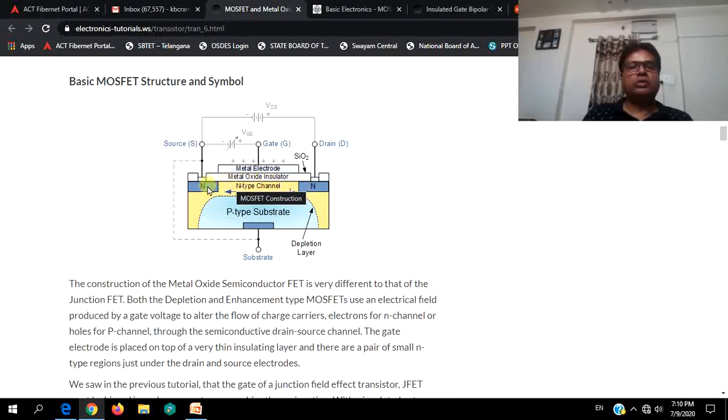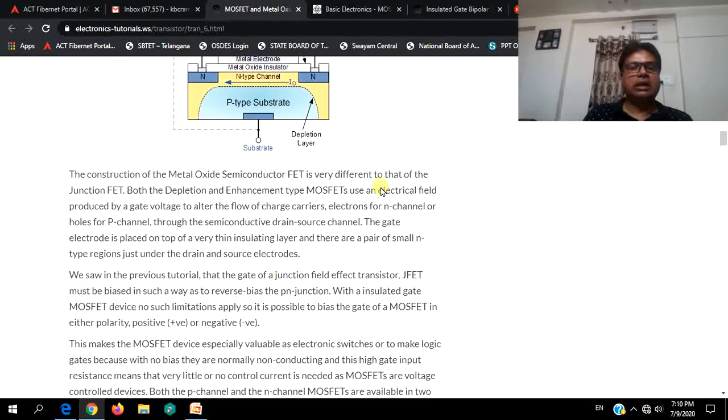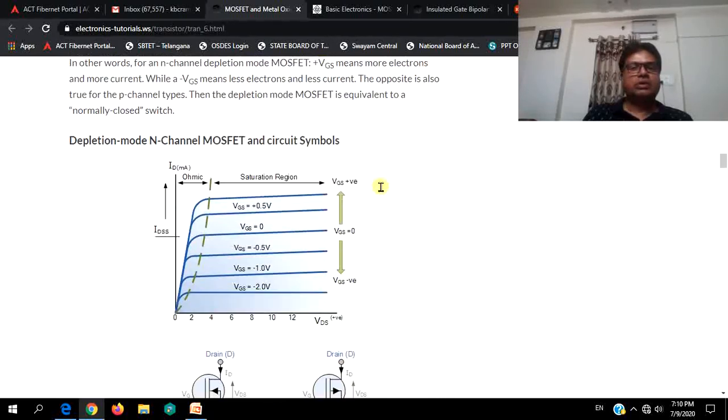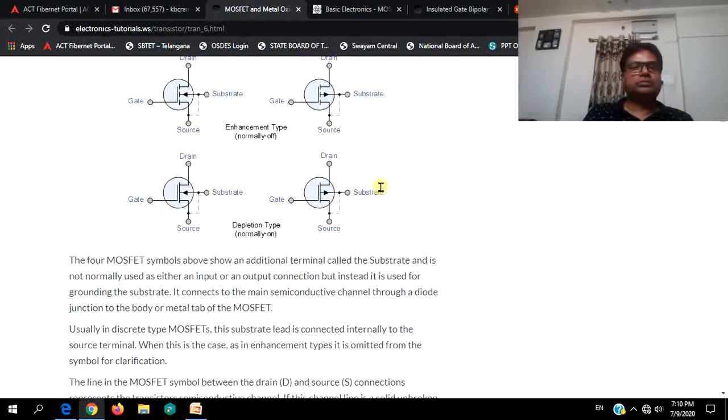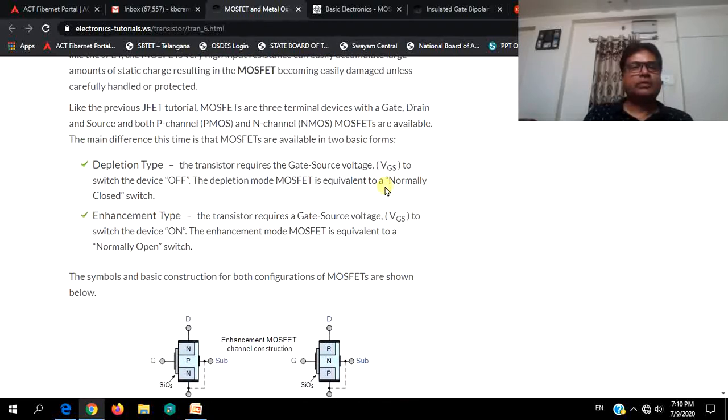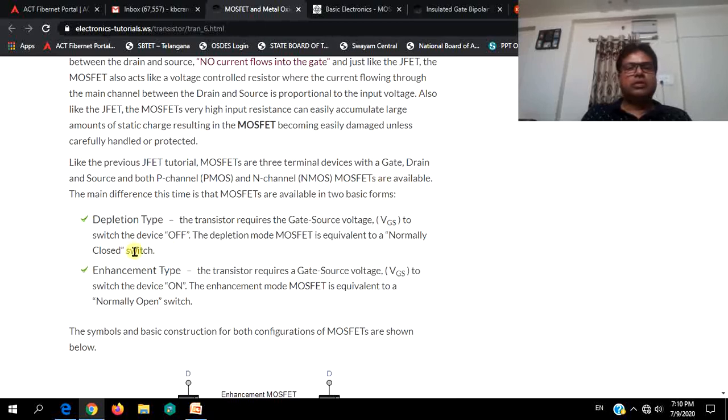There is no shorted connection between N and N. The depletion type requires gate source voltage to switch the device off. It can be easily turned on, but it requires gate source voltage to switch the device off. It is equivalent to a normally closed switch, whereas the enhancement type is equivalent to a normally open switch. You require gate source voltage to switch the device on.